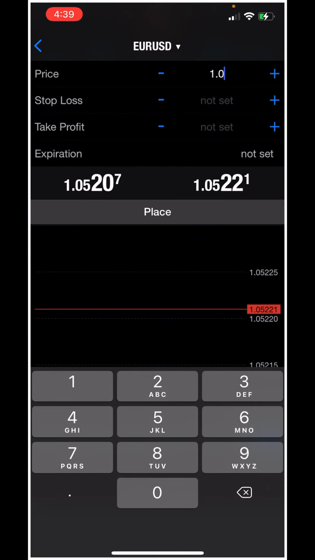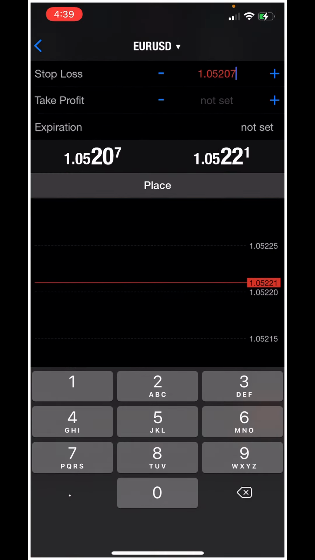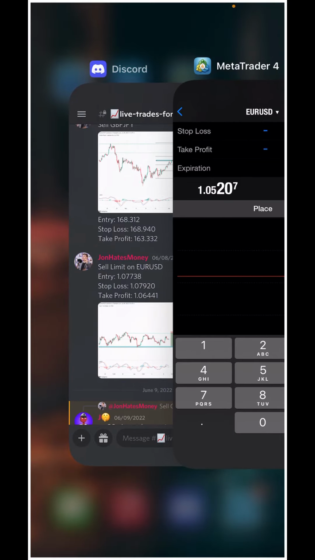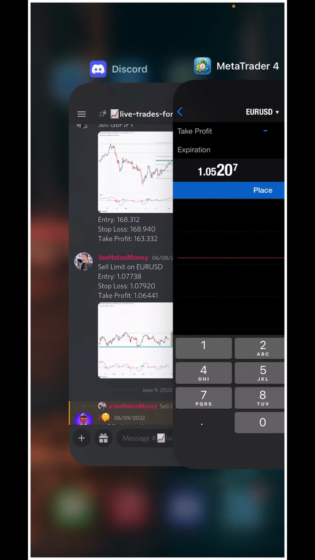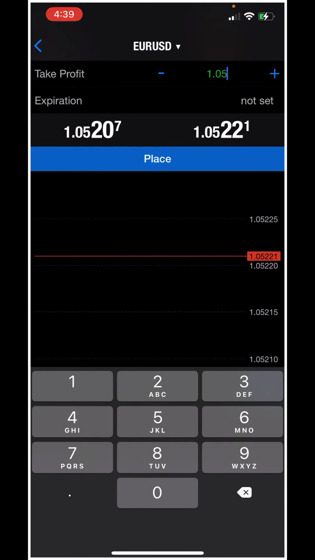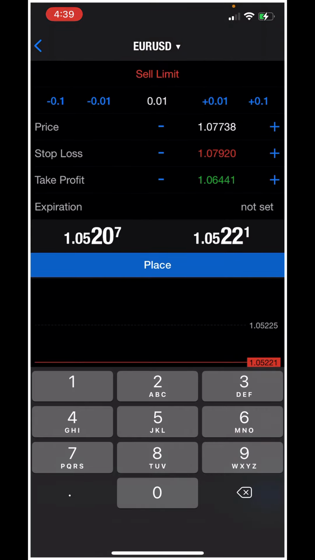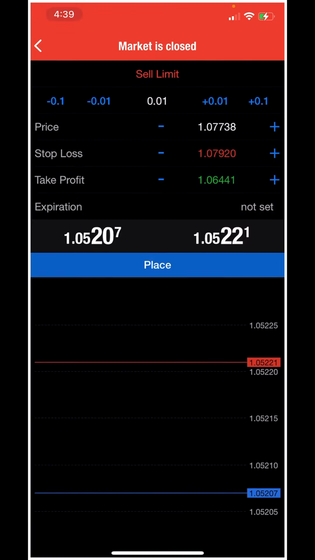So you would just put that in. And then the stop loss is 1.07920. And the take profit is 1.06441. And like I said, with the market being closed right now, we aren't actually able to place this trade. But all you would do is hit place and the trade would go through.